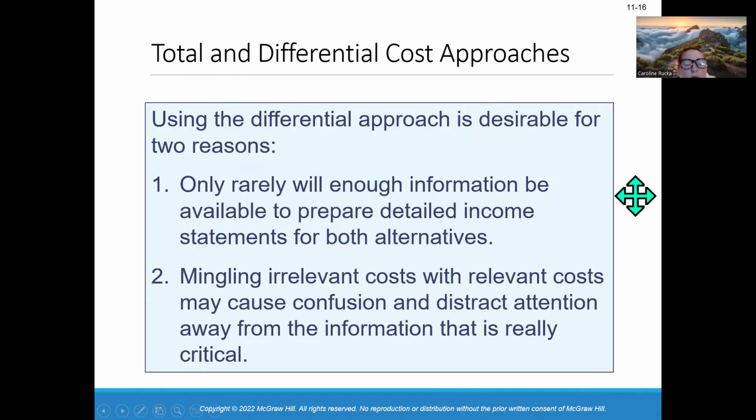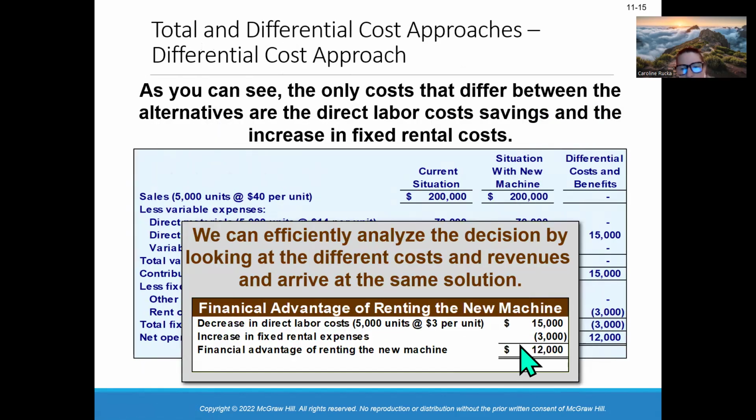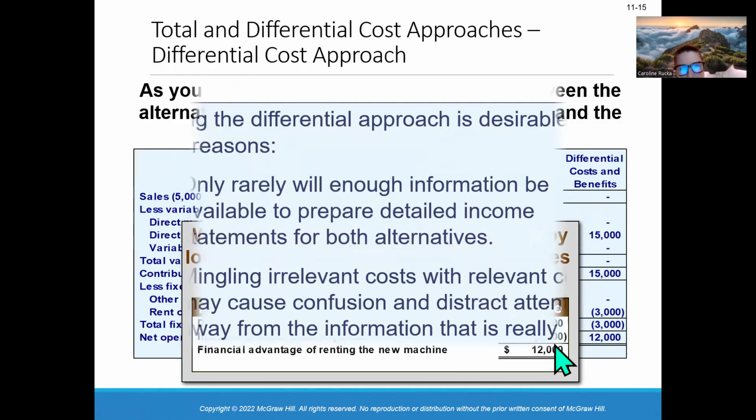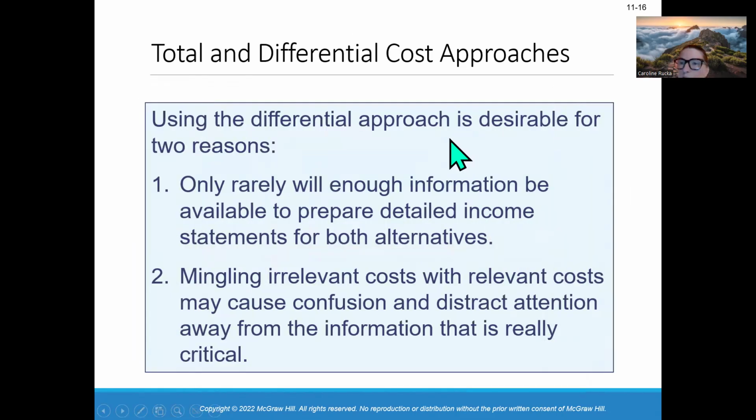So if we use this differential approach, where we just compare the two things that change, this right here is our differential approach. When you're making a projection, there may not be enough information there to create an entire alternative income statement.